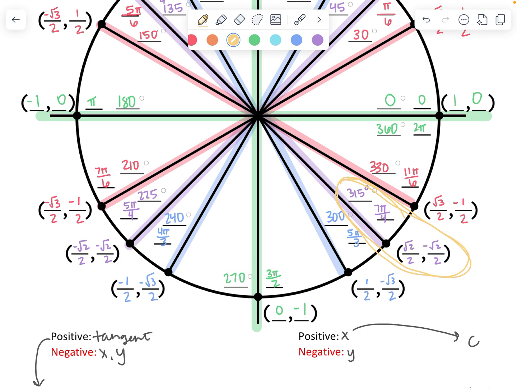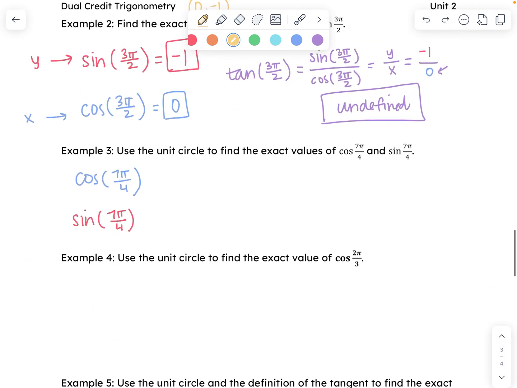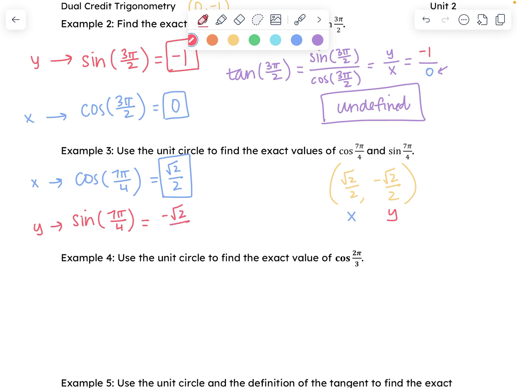So our point here is root 2 over 2 and negative root 2 over 2. Remember that your cosine is your x value. So cosine of 7 pi over 4 would be the square root of 2 over 2. Your sine is your y value. So the sine of 7 pi over 4 would be the negative square root of 2 over 2. And we're done.